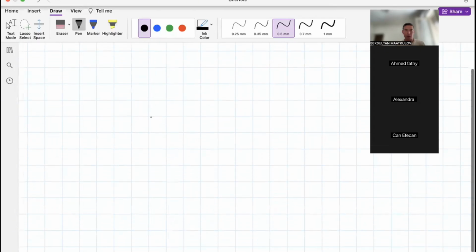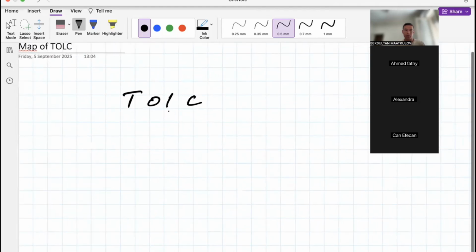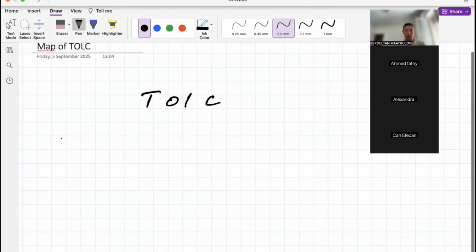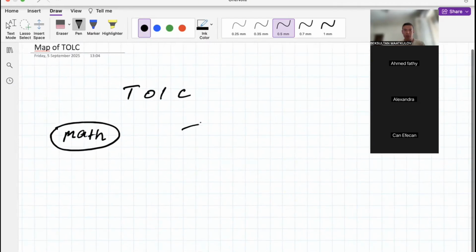Okay, so let me write TOLC, and I'll draw a tree of islands. So the first one, of course, will be math. And then we've got logic.